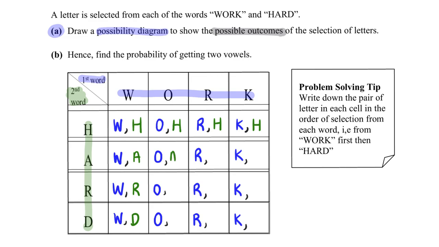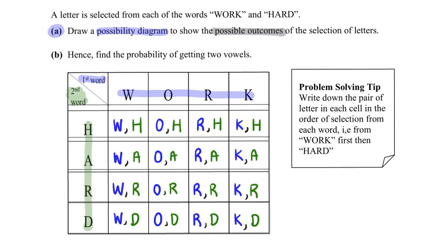For this whole row, the second letter is A, the third row is R, and the last row is D. And I've completed the possibility diagram.